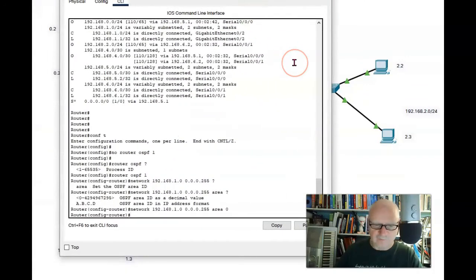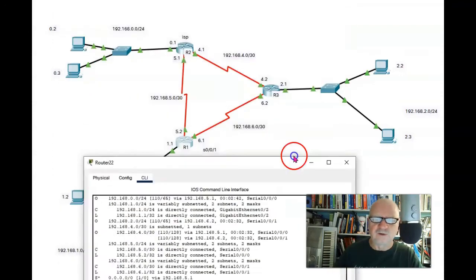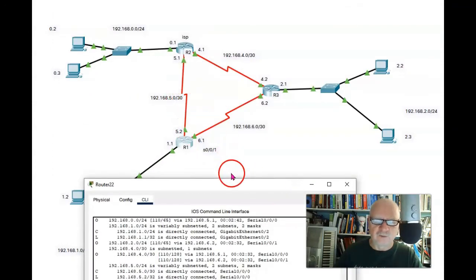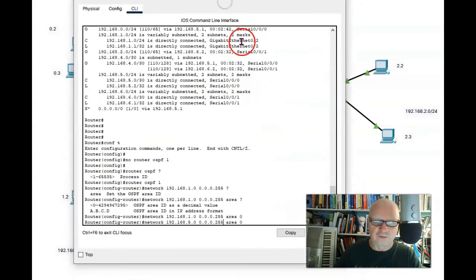So let's do that. Network 192.168.5.0. And now instead of 0.0.0.255, you notice these are all /30s. So the wildcard mask for a /30 would be 0.0.0.3.